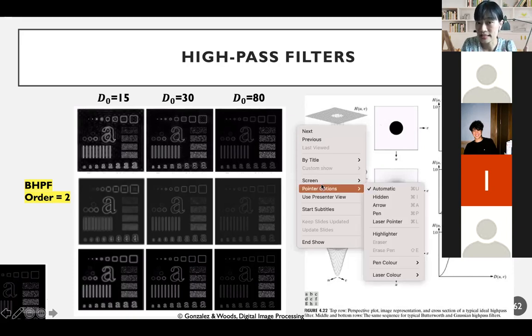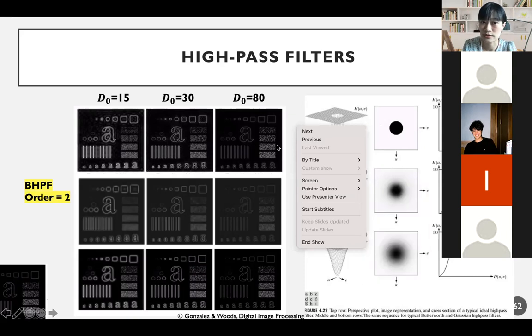So the passing frequency will be only a small, high-information area outside the circle. That's why the information that came out from the larger cutoff frequency shows very little information.